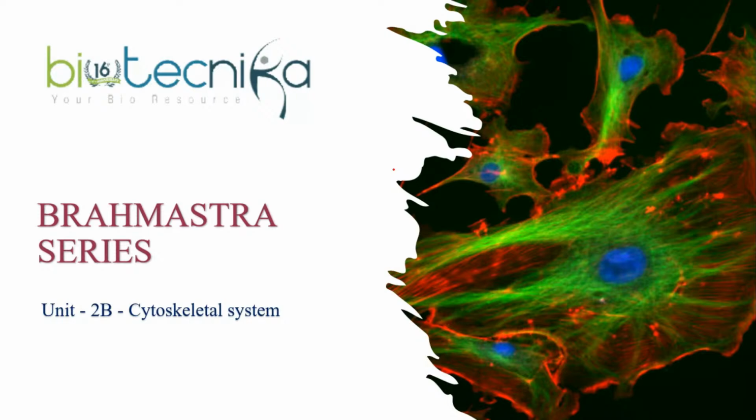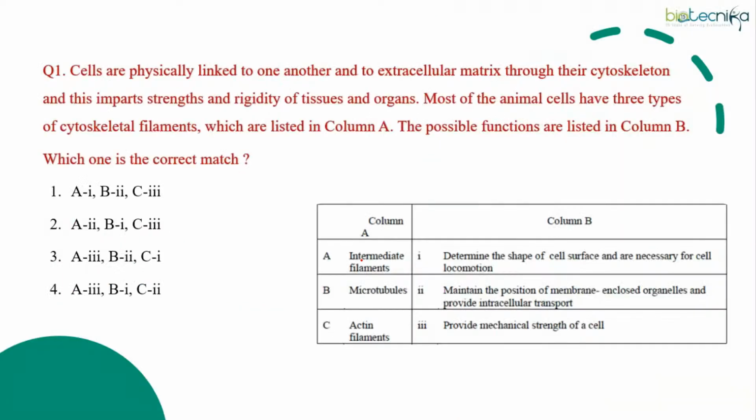Major focus was on other cell organelles, but the cytoskeletal system was largely ignored. But in the recent past, we are getting a good number of questions, and those are in the form of 4 marks. So without wasting much time, let's go to the first question from cytoskeletal system.